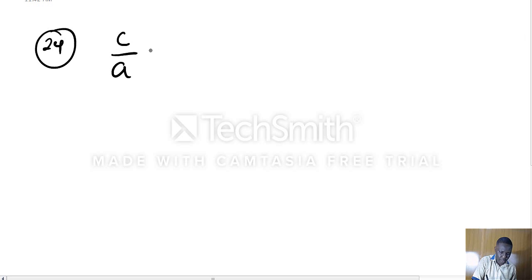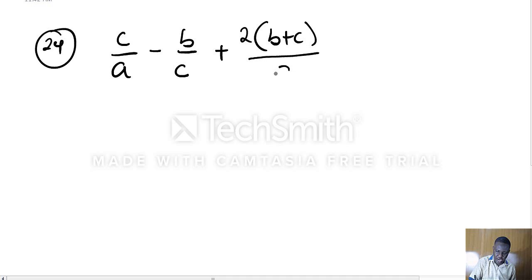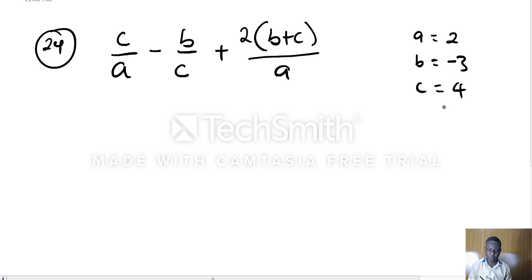Question 24. 24 says c over a minus b over c plus 2 into b plus c divided by a, where a is 2, b is minus 3, and c is 4. We are going to substitute into the equation and then simplify.